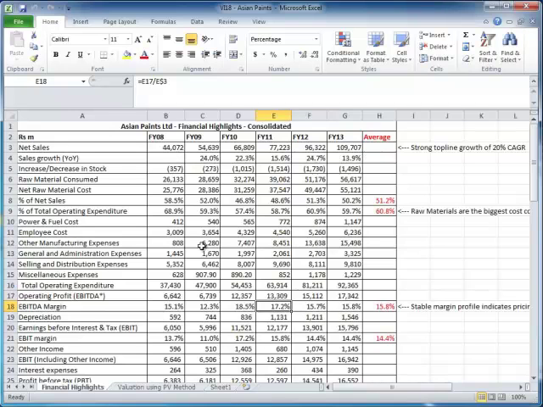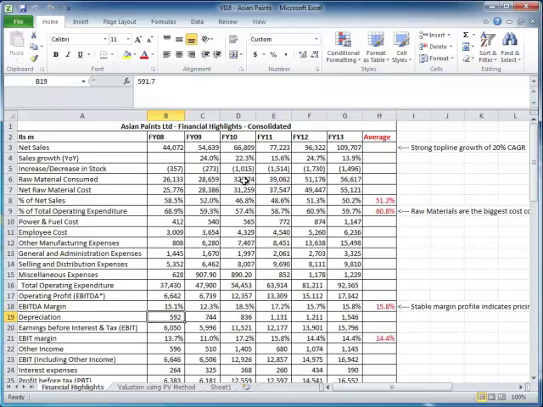If we look at the EBITDA margin, which is simply the EBITDA divided by net sales, the percentage of net sales that is operating profit, it is fairly stable over time, with a little bit of fluctuation but within a fairly narrow range. It has averaged close to 16%. The stable margin profile indicates pricing power. It means that their margins are not being eroded away by companies coming in and pricing cheaper. So this is a good sign for this company.